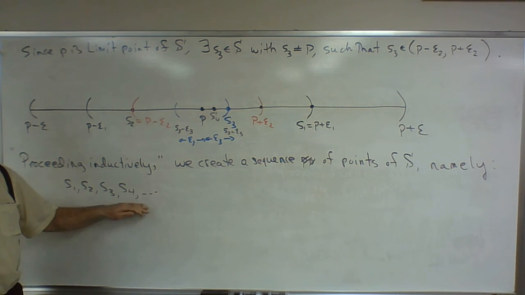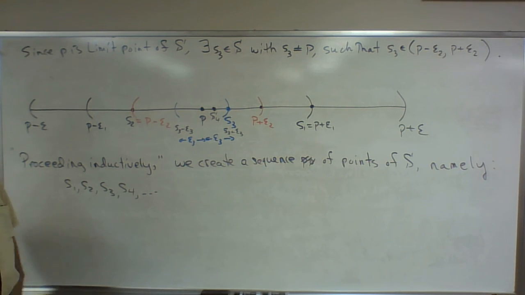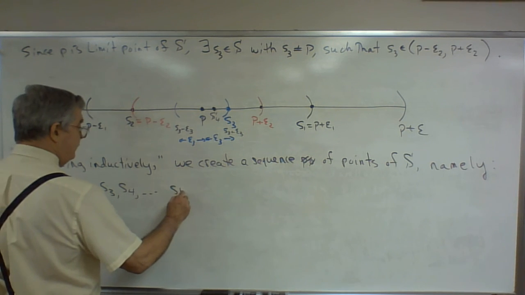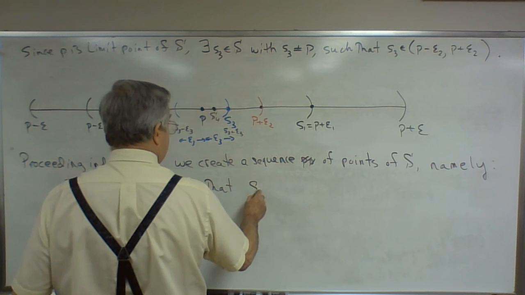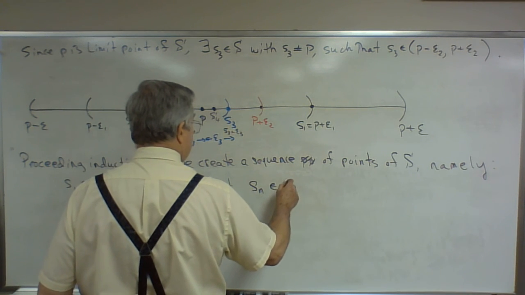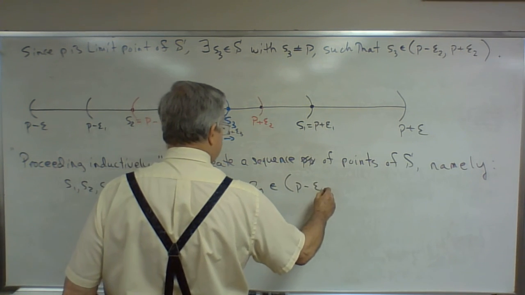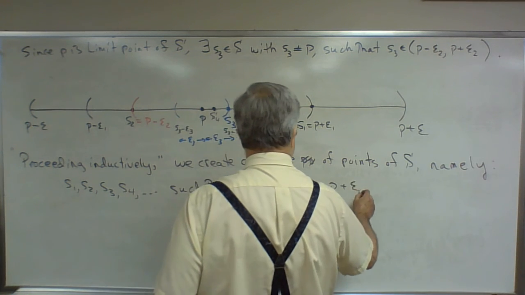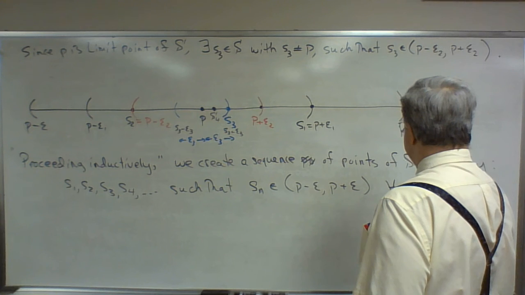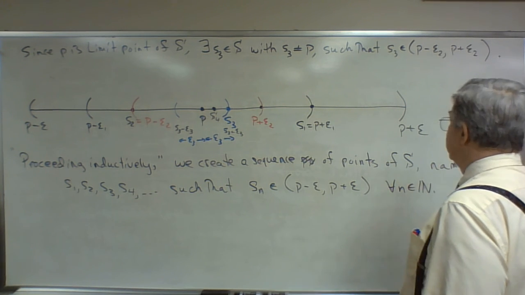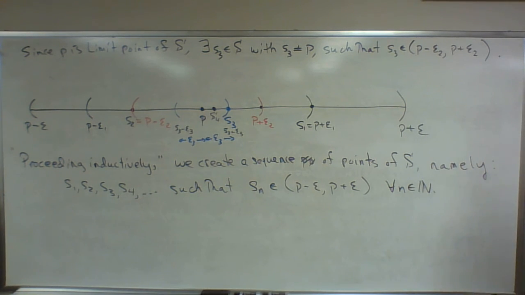There's no end to what we can do here, such that S sub n is an element of P minus epsilon, P plus epsilon, for all natural numbers n.